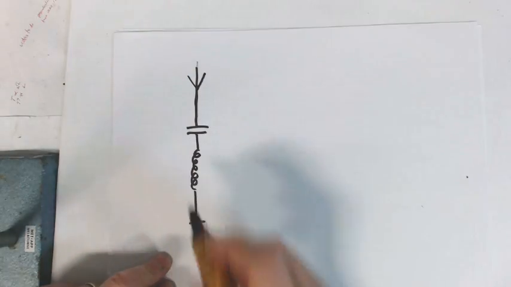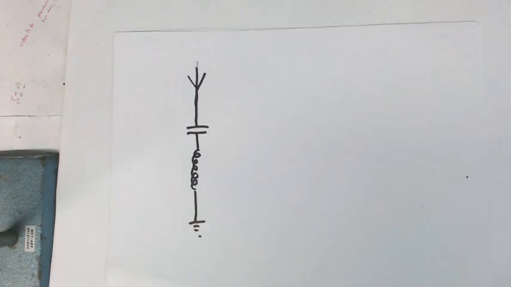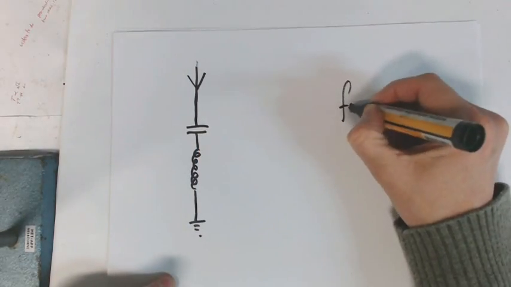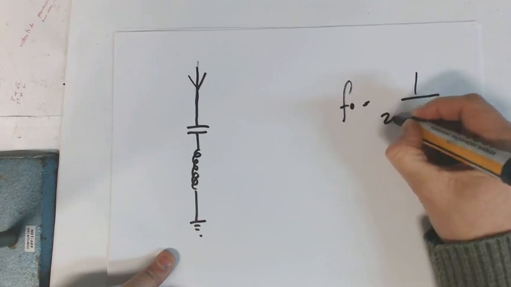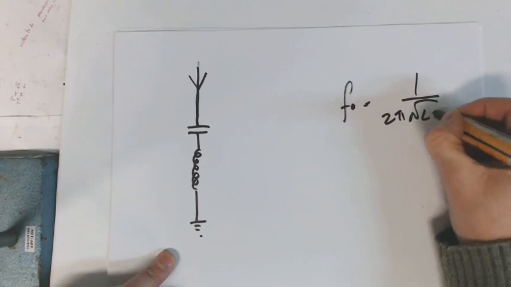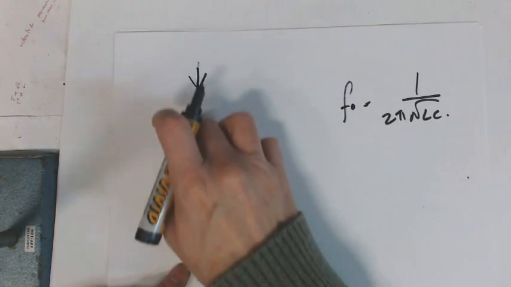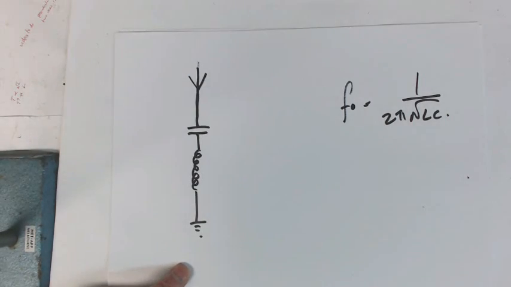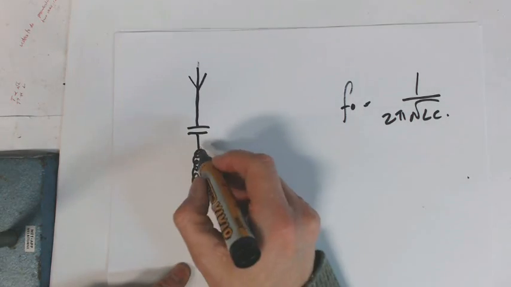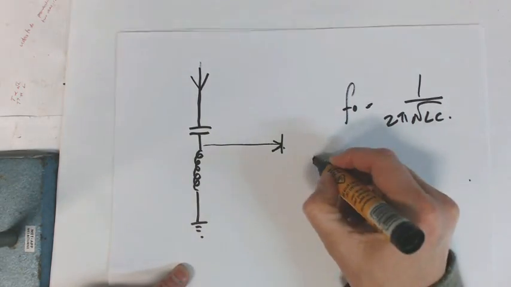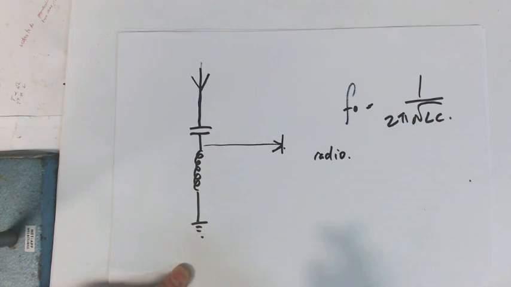This is a tuned circuit, and so what we're saying is that the RC combination is going to give you a resonant frequency. At that frequency, the currents here will be greatest. So we can take our signal off here, and we usually do this with a detector, and we've got a radio, where the current is going to be strongest at the frequency you're trying to tune.